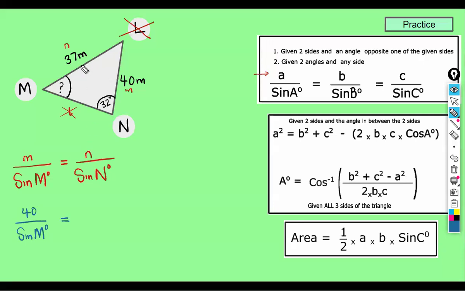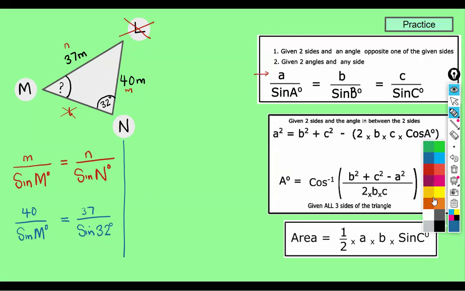I'm going to make sure I say capital or common so we can follow along better. So before we cross multiply, let's find sine 32 on our calculator, and then cross multiply.